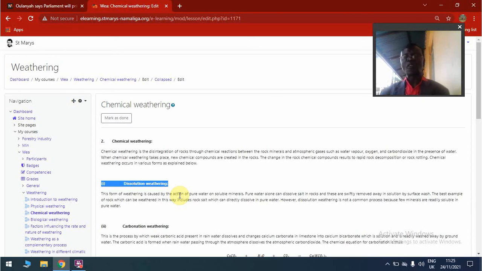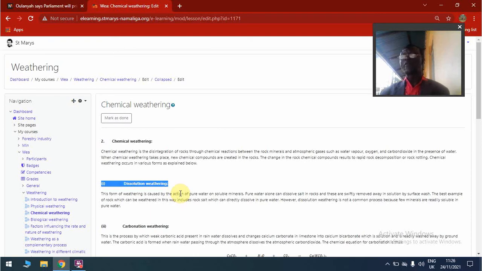So the major rock mass will become weakened and eventually it crumbles down. So this form of weathering, where the parent rock is destroyed by the process of dissolving the minerals in water, is dissolution weathering. The basic type of rock which succumbs easily to dissolution weathering is the rock salt.